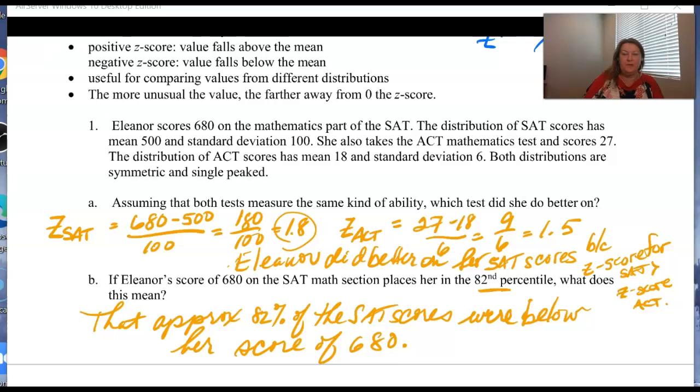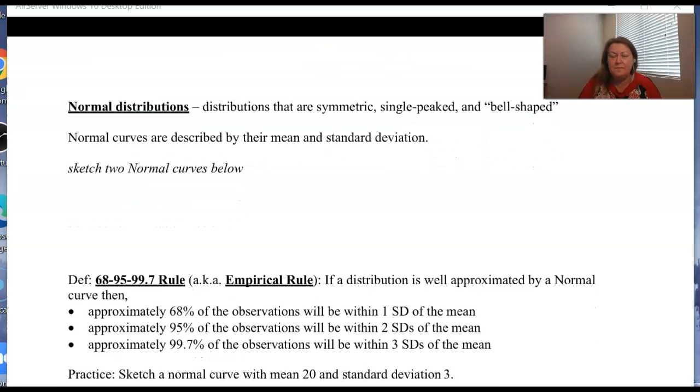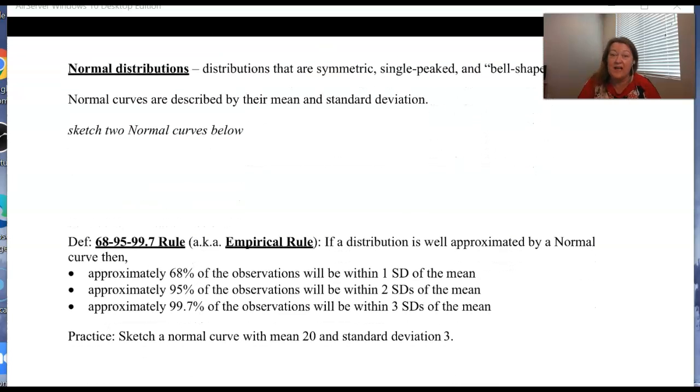So it's the percent of people or percent of things that are below the place where you're standing. Okay? All right, so that's pretty easy, right?